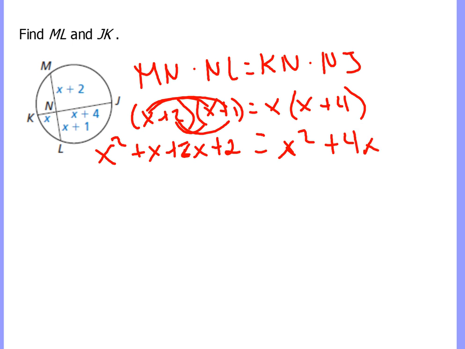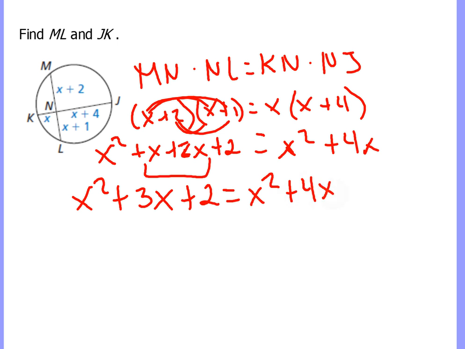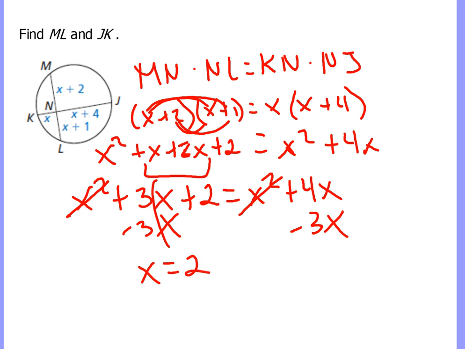Let's combine some like terms: x squared plus 3x plus 2 equals x squared plus 4x. You notice that there's an x squared on both sides, so they will cancel out. And if I subtract 3x, I end up seeing that x actually equals 2. So it looked a lot worse than it ended up being, I hope.